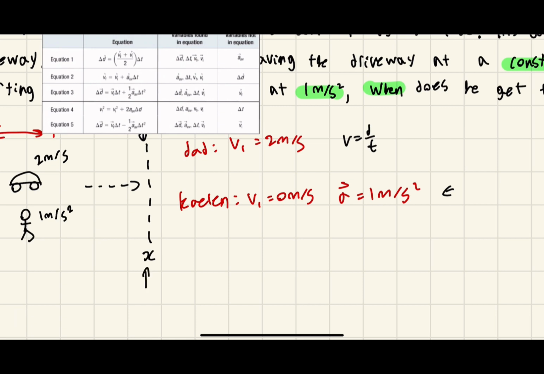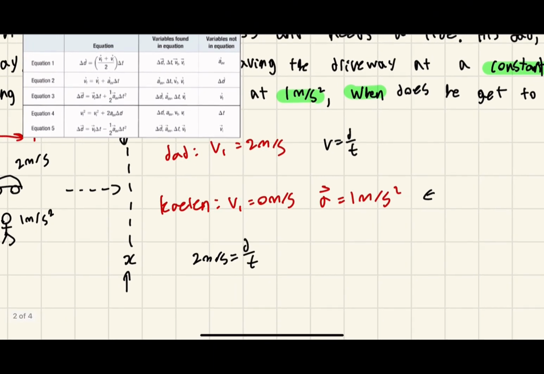So let's write an equation for the dad. The dad is going to have an equation of 2 meters per second is equal to d over t. And for Kalen, we need 2 more equations that we're going to solve with. And since we have to relate time and distance, let's just use time and distance. Why not? We don't know either one, but let's just see what's going to happen.